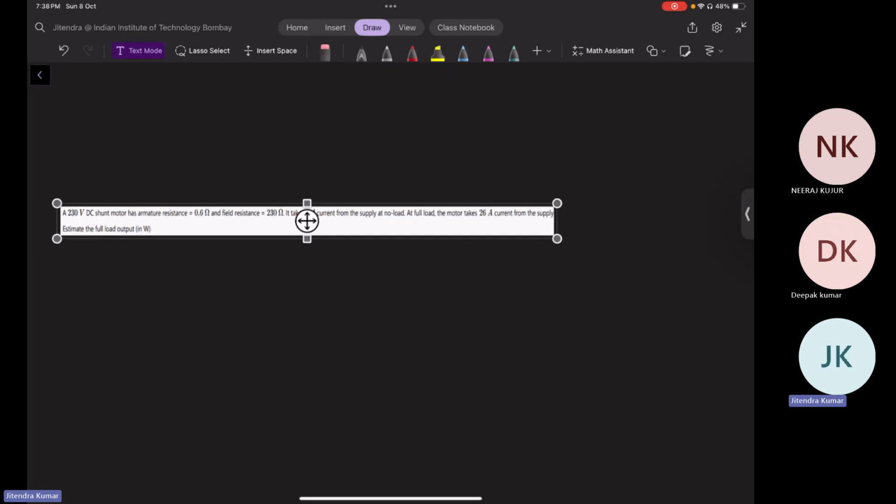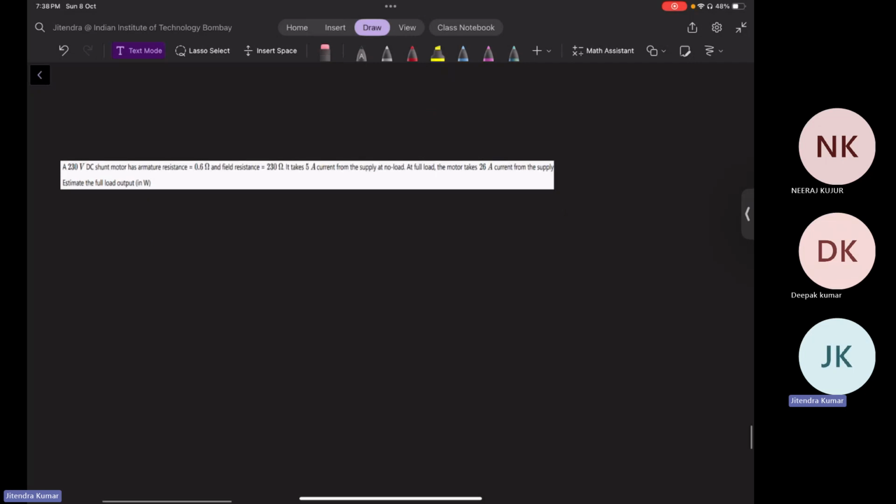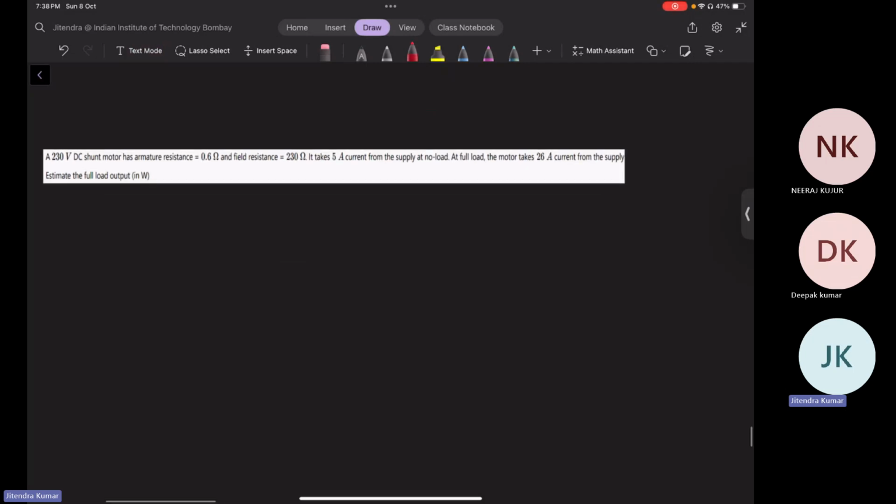Here we need to find out the full load output, along with some other parameters we will discuss.